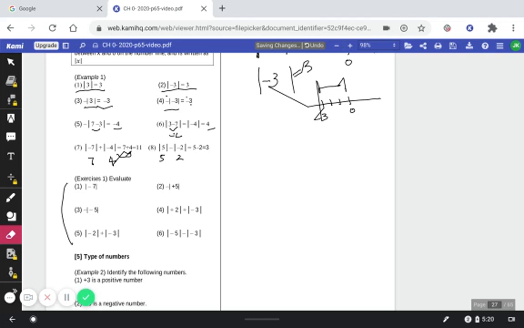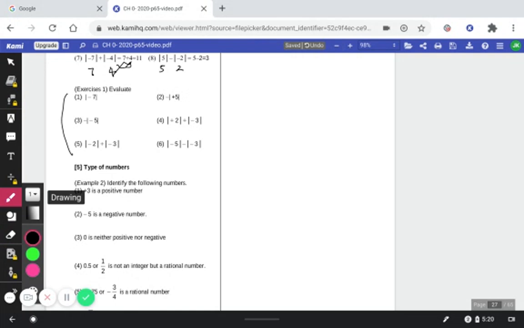Now the next topic is types of numbers. Identify the following numbers. Positive 3 is a positive number. Negative 5 is a negative number. 0 is neither positive nor negative.